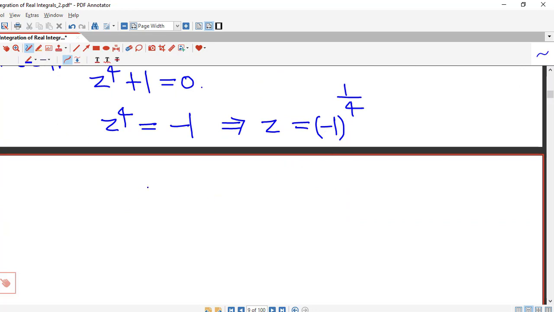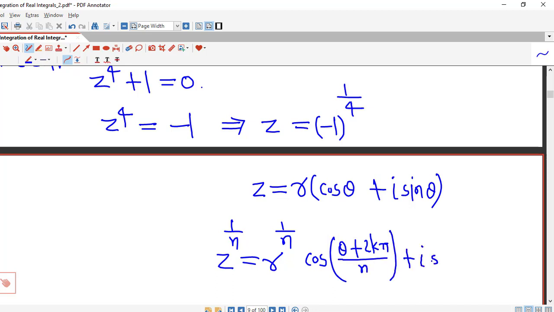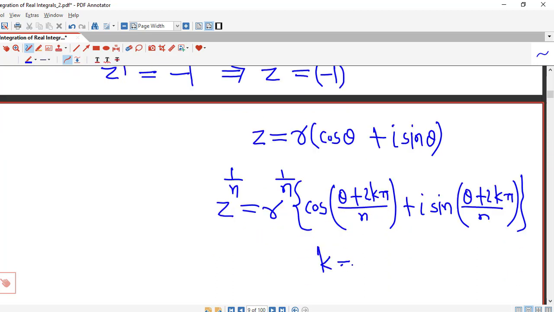So for that we recall that result: if I have z in polar form, r into cos theta plus i sin theta, then the nth root of z is given by this formula, r to the power 1 by n times cos of (theta plus 2k pi) divided by n plus i sin of (theta plus 2k pi) divided by n, and this k runs from 0, 1, 2 up to n minus 1.